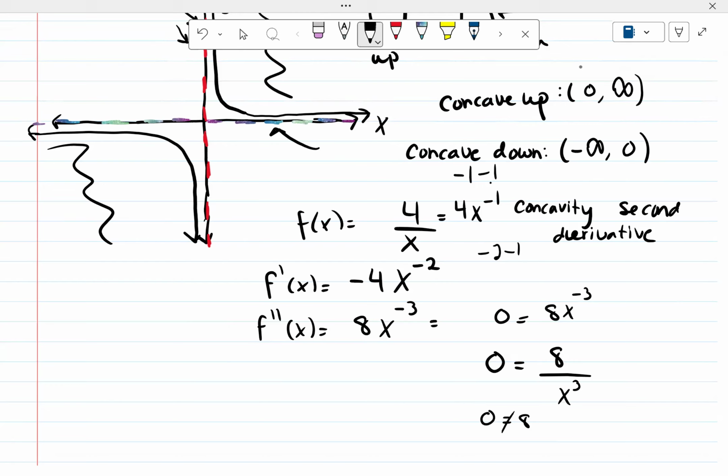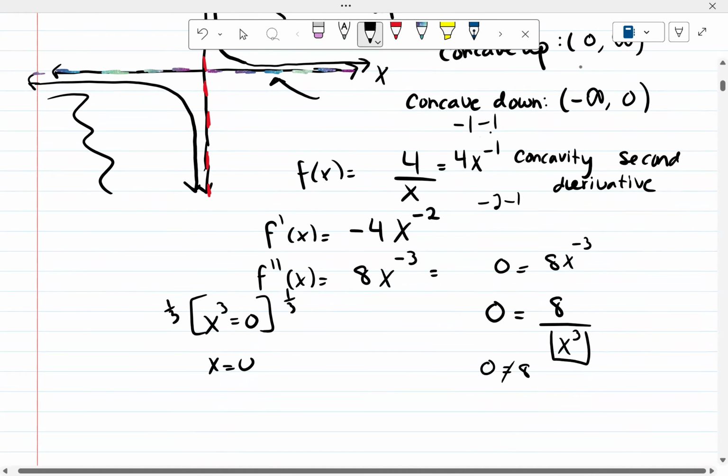So what are the values that make this undefined? You simply set the bottom to 0 and solve for x. So if you set x cubed to 0 and solve for x by taking the cube root, you get x equals 0. So yeah, if you have a rational function, your critical value is also where it makes it undefined.